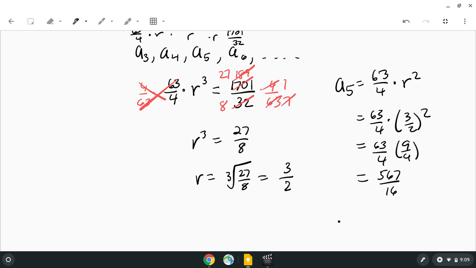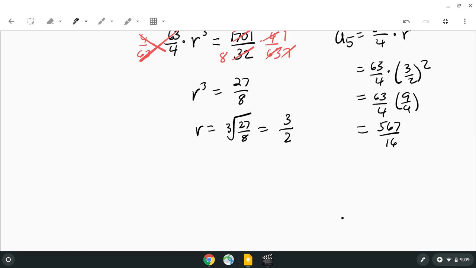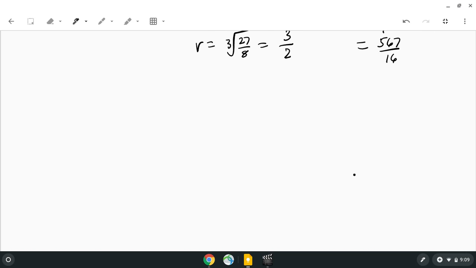Let's talk about the sum of a geometric sequence. We can take the sum of a finite geometric sequence, so we can take the sum of n number of terms. If we take 100 terms, we can find the sum of them.